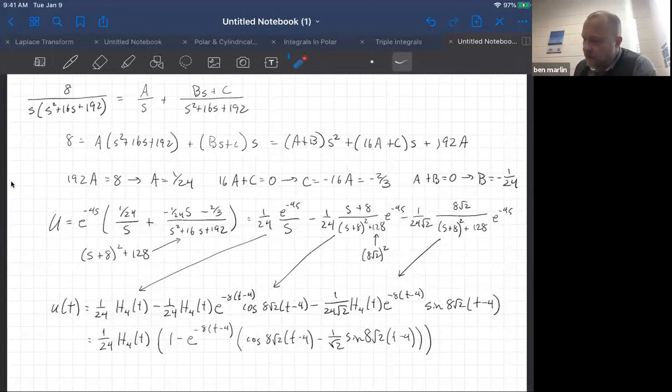So if you go ahead and multiply both sides by that denominator, then you'll have a times this irreducible quadratic and bs plus c times this s. Now, depending on who you had for Calc 2, you may have been trained to plug in a bunch of values for s at this point. And that totally works most of the time. In this particular case, it's easier to go the other route.